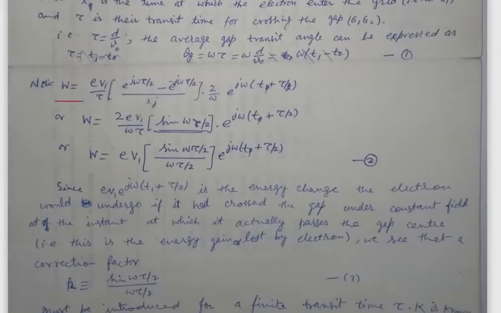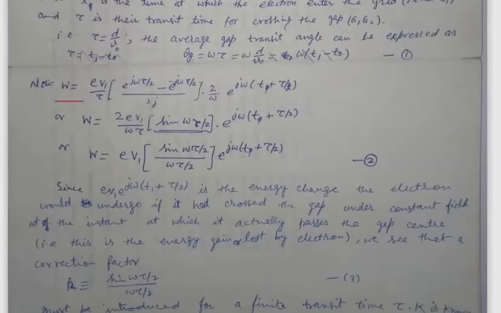So a correlation factor K may be used here, which is equal to sine omega tau by 2 over omega tau by 2. In this equation, e V1 into e raised to the power j omega t1 plus tau by 2 is the energy change the electron would undergo if it had crossed the gap under constant field at the instant when it actually passes the gap center of the two grids G1, G2.